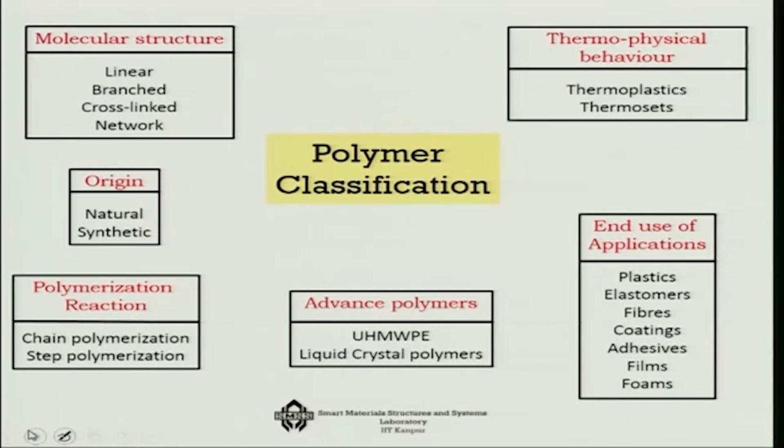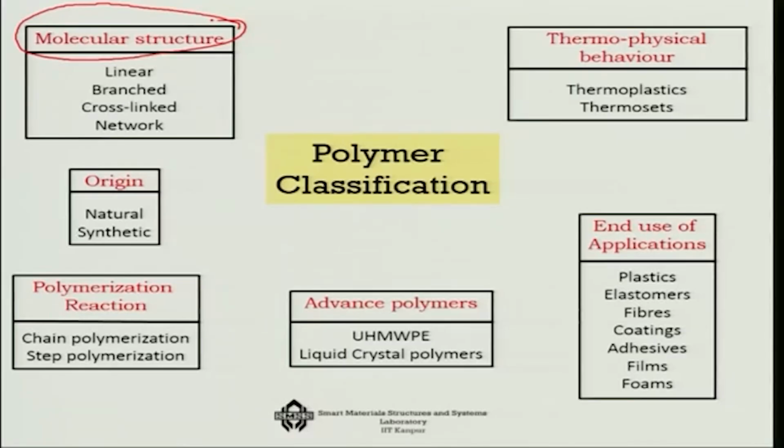Now how do we classify the polymers? There are various ways in which we can classify the polymers. We will discuss them one by one today. For example, you can classify the polymers on the basis of their molecular structure. If you try to do that, it starts with the simplest molecular structure where it is completely linear, then it can be branched, that means some branching coming out of the linear, then it can be cross linked, that means the branches are chemically linked, and then it can be network.